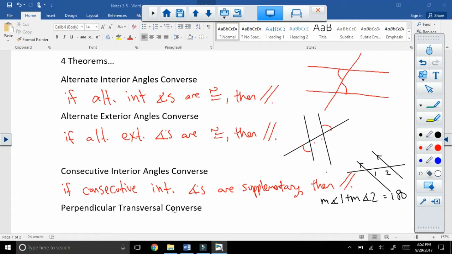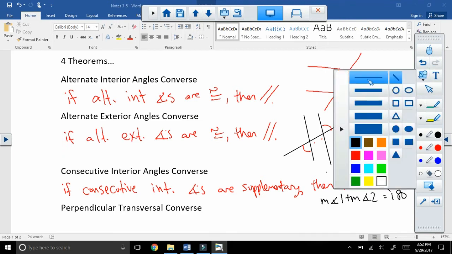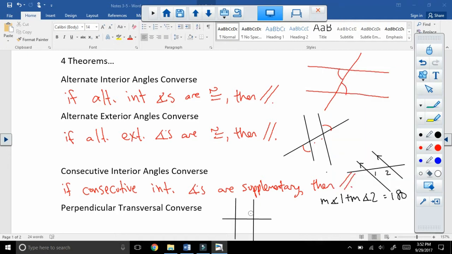The perpendicular transversal converse says that if you have a couple of lines, and these lines are both perpendicular to this one, then they will be parallel to each other.